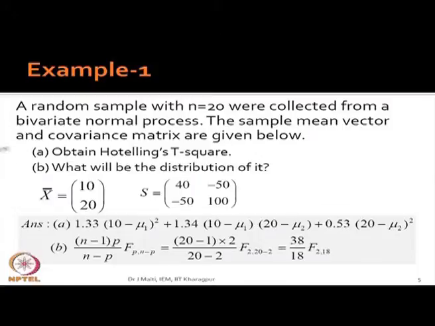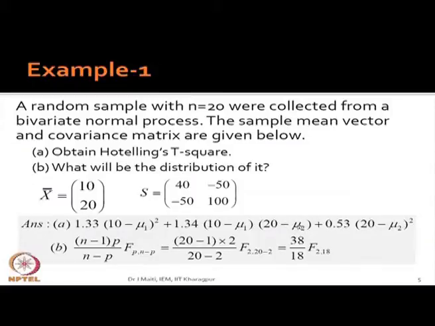The sample mean vector and covariance matrix are given below: X bar is 10, 20, that is the mean vector, and covariance matrix S is 40, minus 50, minus 50 and 100. We want the value of the Hotelling T square statistic. The answer is 1.33 times (10 minus mu 1) squared, and so on.